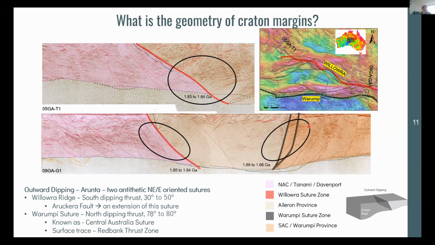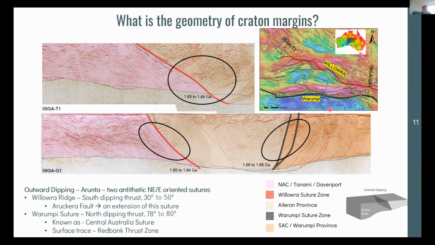The other suture we saw is Vrumpi, where we also have an east west oriented structure, but it's dipping toward the north, with a steep dip of 78 to 80 degrees. It's where a younger block came towards the North Australian Craton and collided around 1.64 billion years ago.